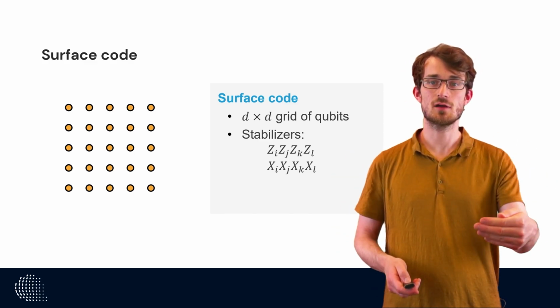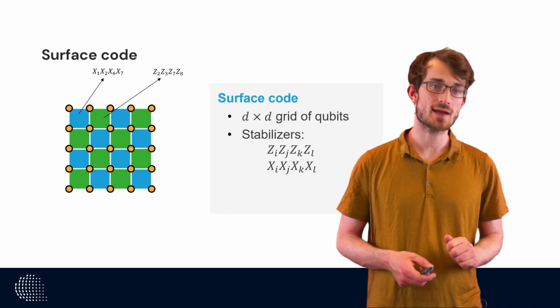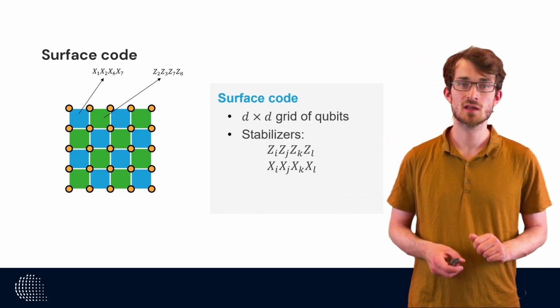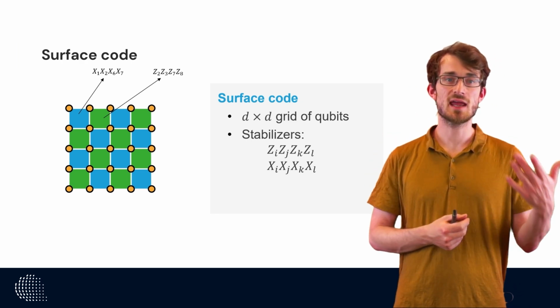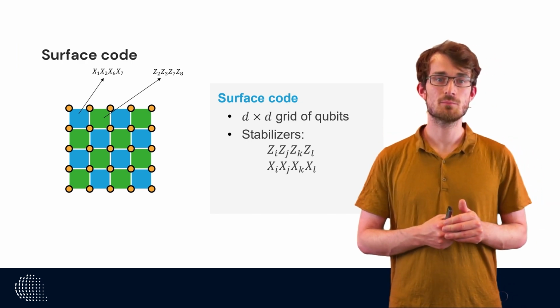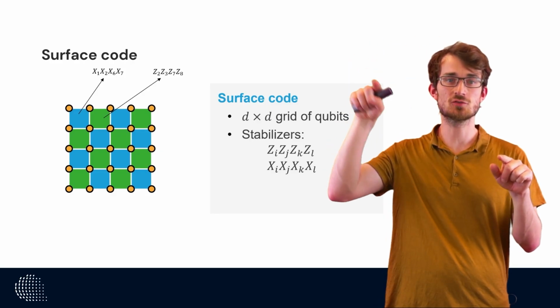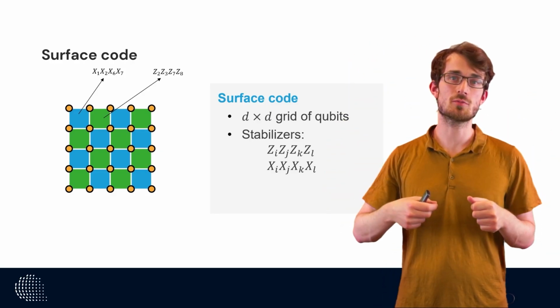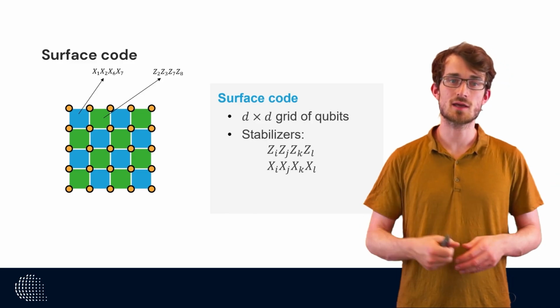We make them out of squares on this 2D grid. If you look at the blue square, this defines an X-type stabilizer by looking at the qubits in the corners of this blue square and taking the X Pauli operator of those 4 qubits. We multiply them together. That's our first stabilizer.